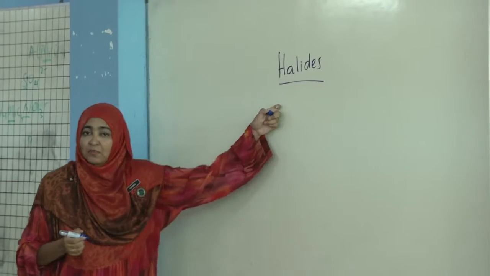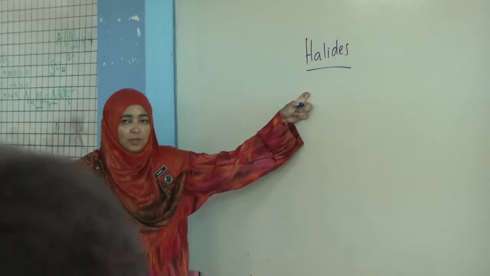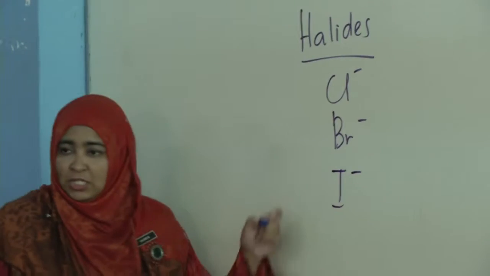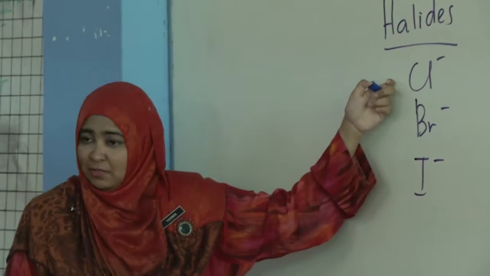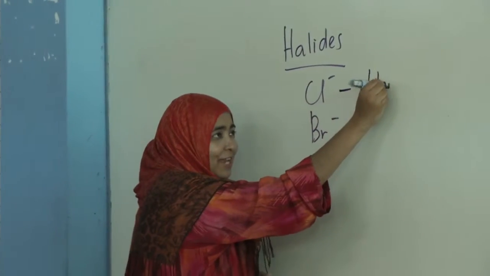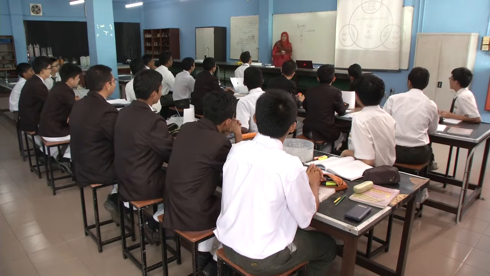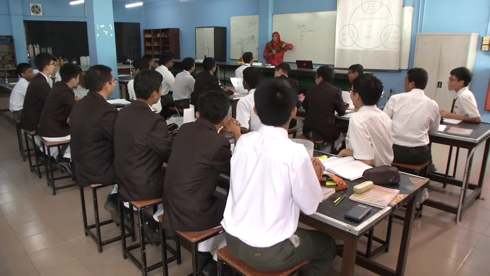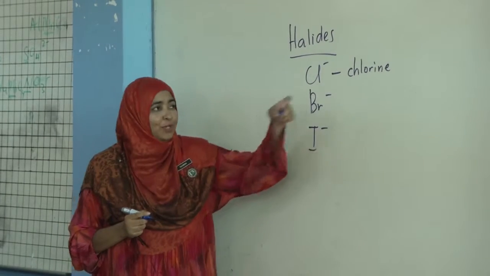Hanif, give me the 3 halides that we have learned so far. Br-, Cl-, I-. Okay, Ishal, tell me what is Cl-? Chlorine, bromide, iodide. Chlorine. Is it correct? Is it correct, Sachdev? No. Okay, what is the correct answer? Chloride.